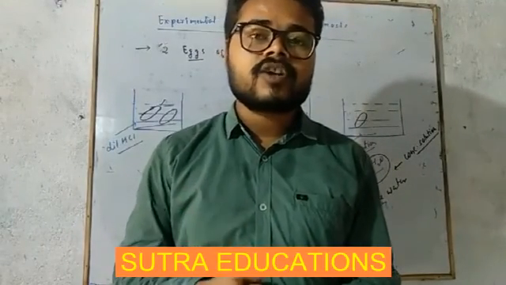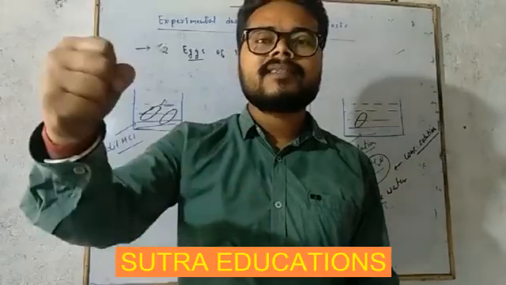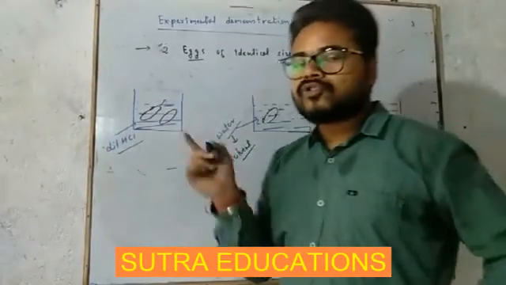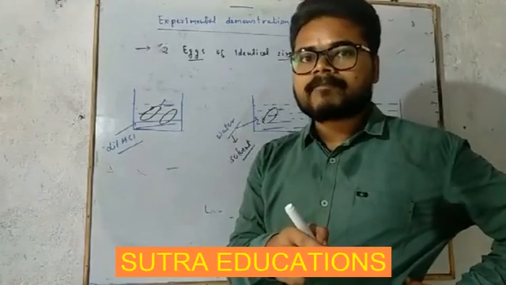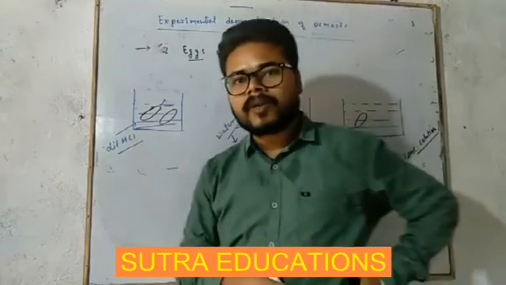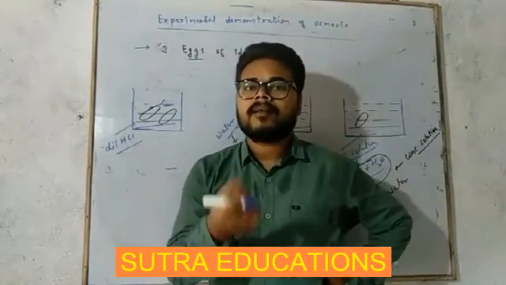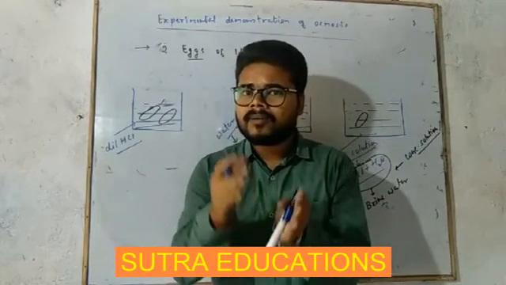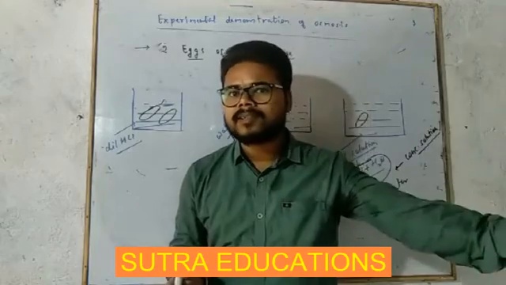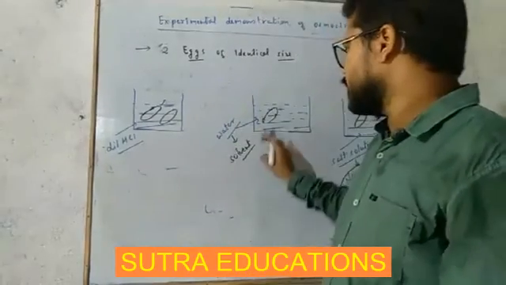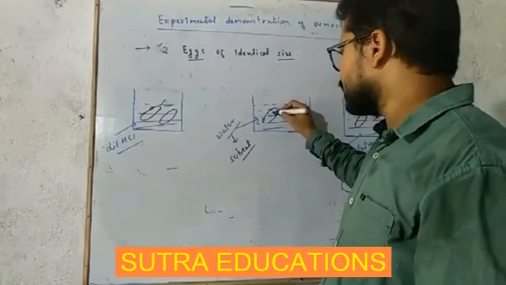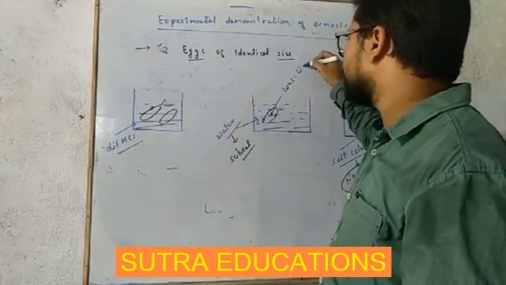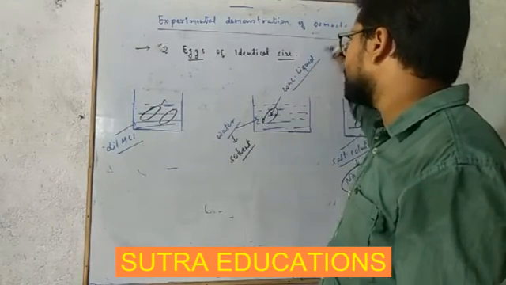Osmosis is the spontaneous movement of solvent particles, or means particles of dilute solution towards concentrated solution. So here it is solvent, and here some concentrated liquid is present inside the egg, which is concentrated.